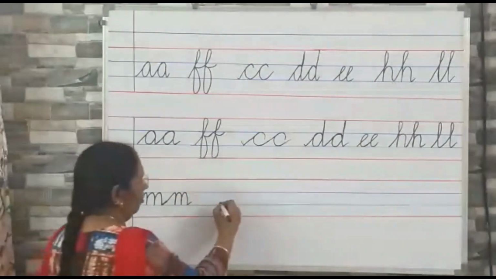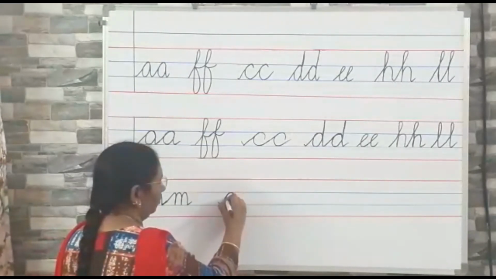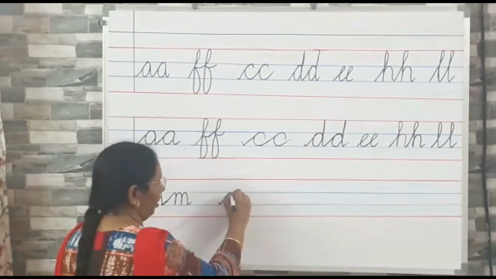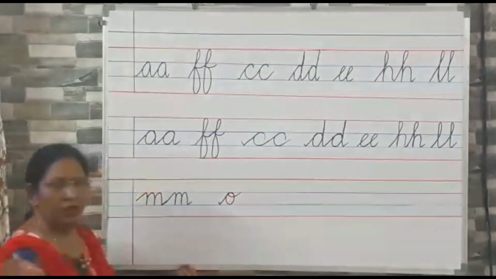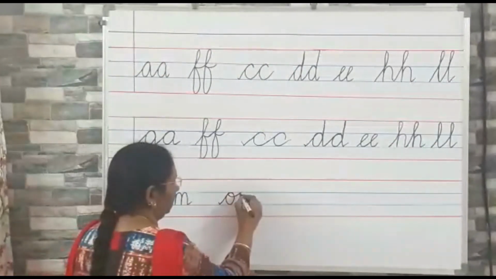For O, what you have to do? You have to again write A for apple, but not the tail this time, and this loop, and O is ready. Let's practice it again.